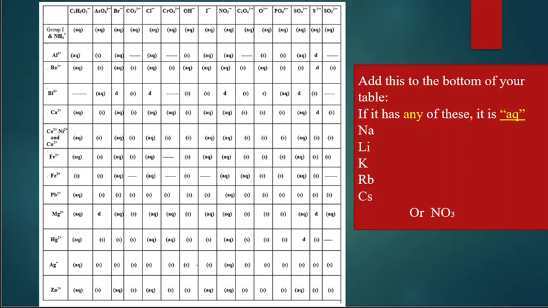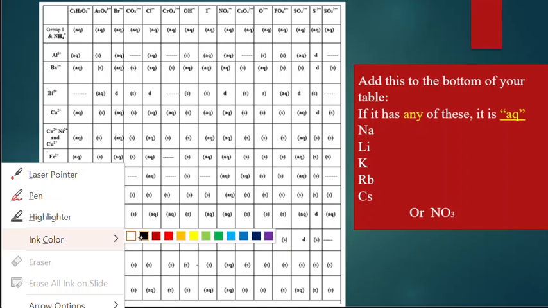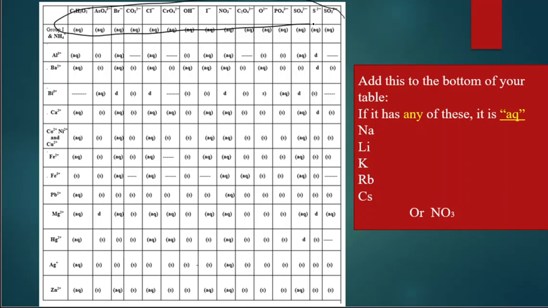Look on top and you'll find a bunch of anions, negative ions. On the left side, you will find a bunch of positive ions. So usually these compounds are a positive plus a negative ion. This is as easy as just looking it up on the chart, and I'll give you an example in a second.